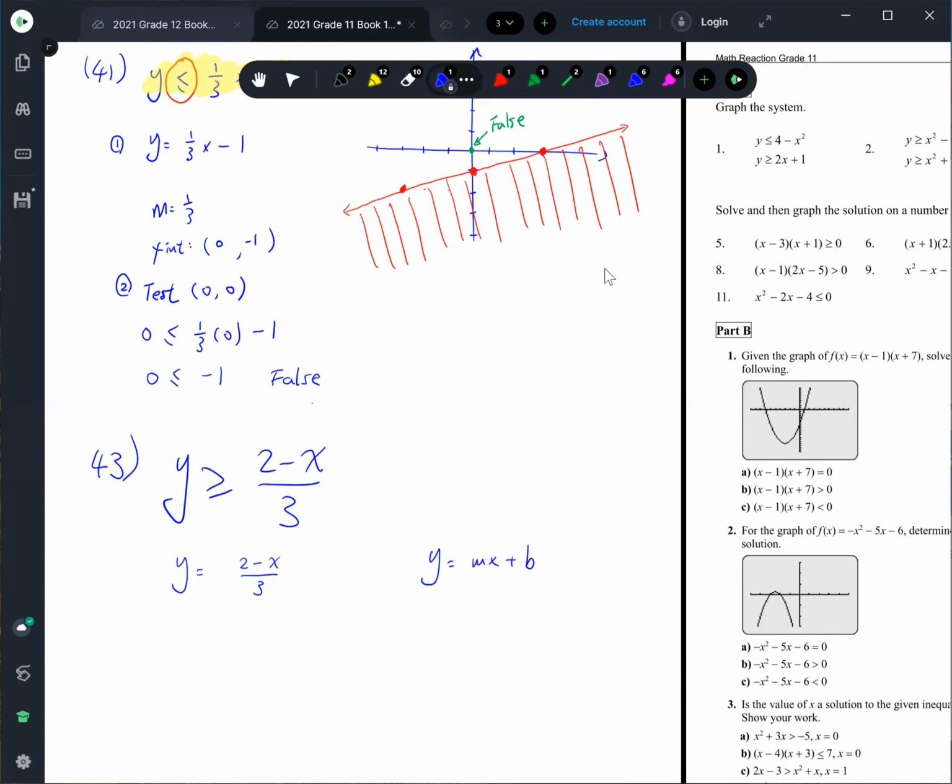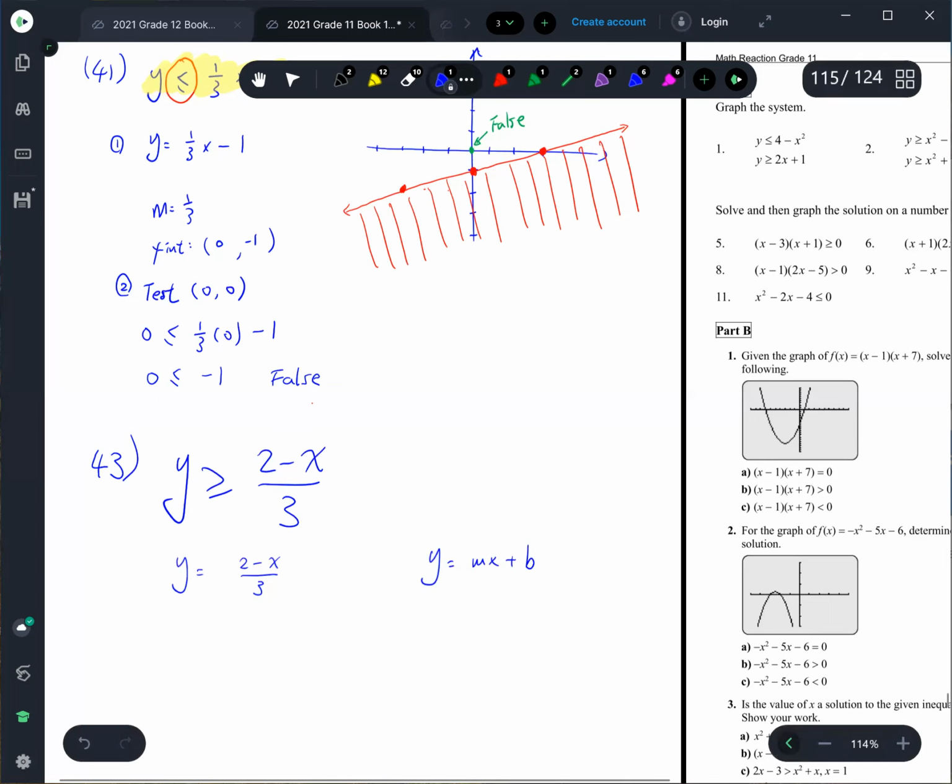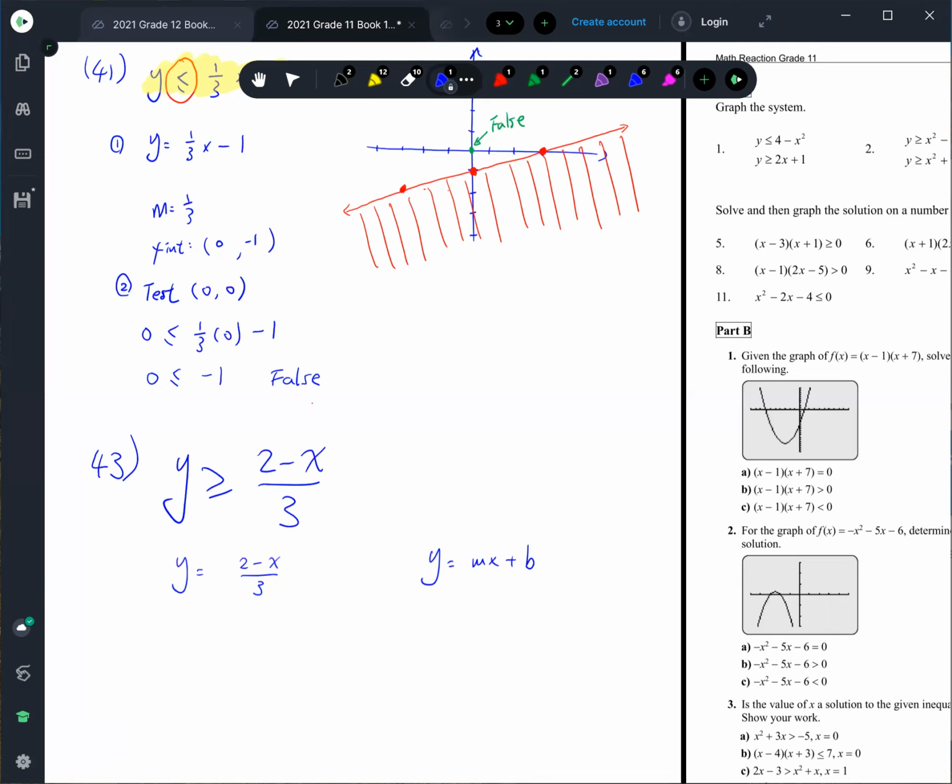I think you can move over the... actually, do you do GCF first because it's a fraction? No, not GCF. Cat has a suggestion. Cat, you want to say something? I don't know if this is right, but can you just do 2 over 3 and then minus x over 3?